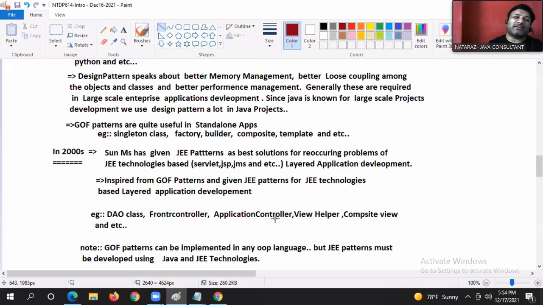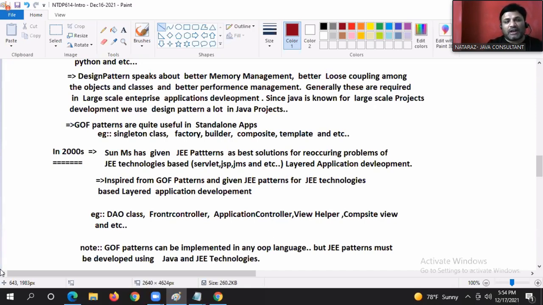Best practices are required while passing data from one layer to another layer. So, inspired by the Gang of Four patterns, Sun Microsystems released the JEE patterns, which can be implemented using JEE technologies like Servlet, JSP, JMS, JNDI, etc.